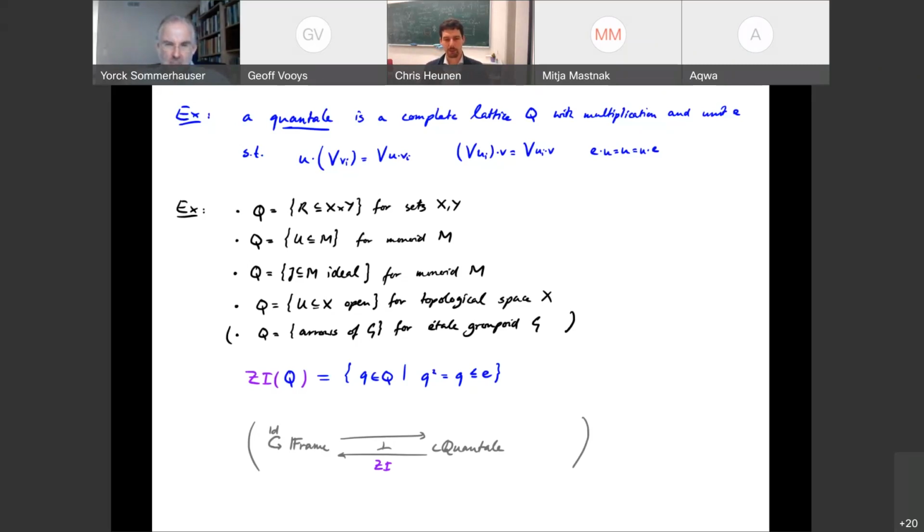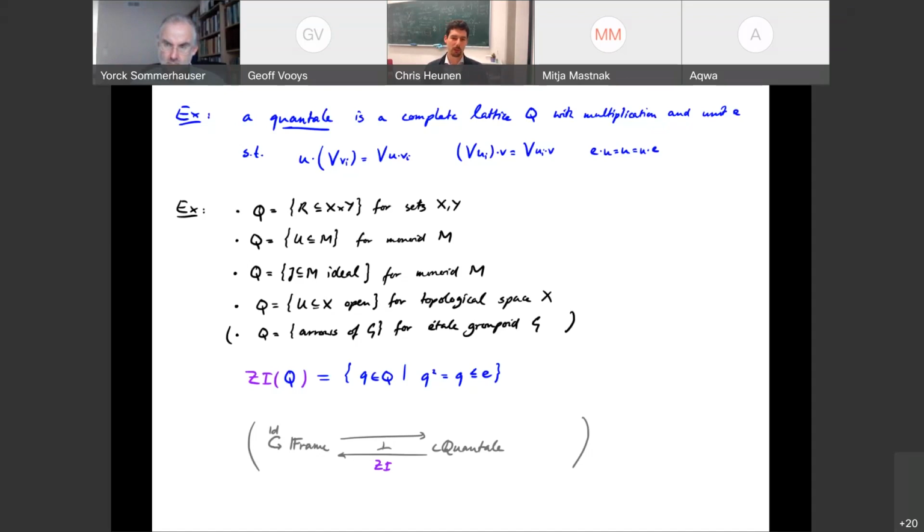You might not have heard about these things, but there are a lot of examples. For example, if you take your arbitrary favorite set X and look at relations from that set to itself, so subsets of X times X, then that forms a quantale, because I can take the union of an arbitrary number of relations and still get a relation. And I can compose a relation with itself.